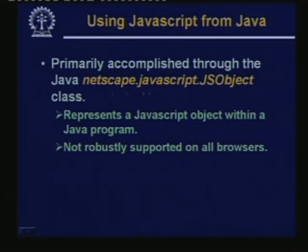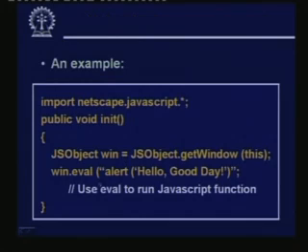This particular class represents a JavaScript object within a Java program. As I had said, this feature will not be supported on all browsers, and even if they are supported, some features may be supported, some may not. So, it is not very much recommended to use this feature when you are developing web pages or applications.